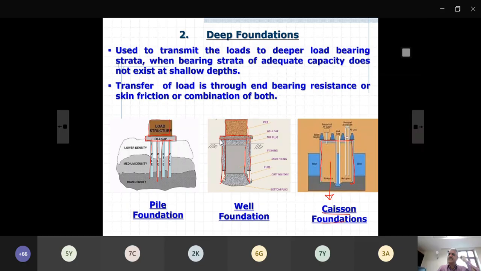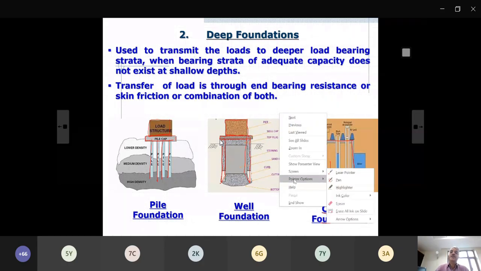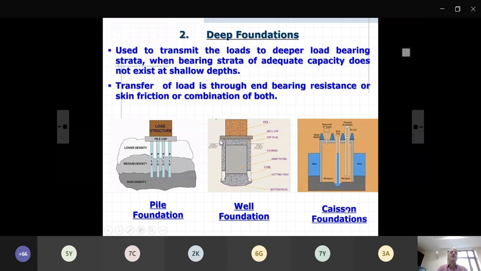Most of the fabrication or casting, depending on whether it is steel or masonry or concrete, is done outside. Then the caisson is floated to your required location, and then sinking is done. So these three are the most common types of deep foundation: pile foundation, well foundation, and caissons. Okay?